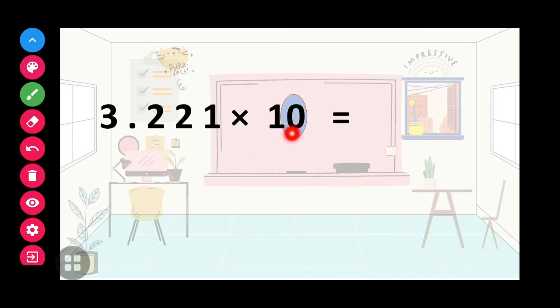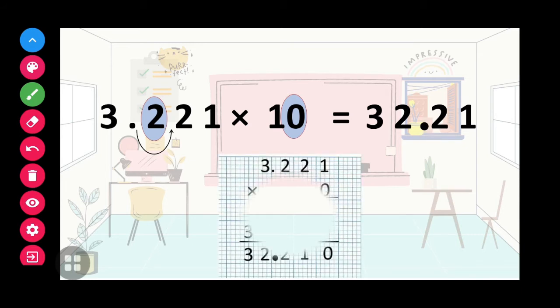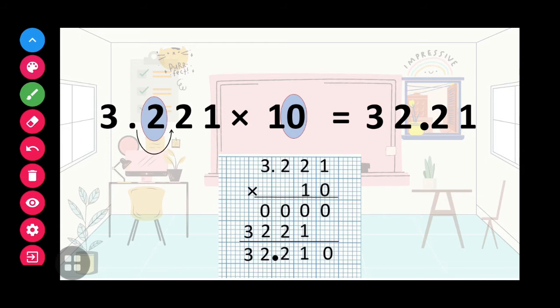So you move the decimal point backwards only one place, because this power of 10 has only 1 zero. Now you have 32.21. See, in the long multiplication also we got the same answer, but this is a pretty cool and easy method, so we'll stick to this.